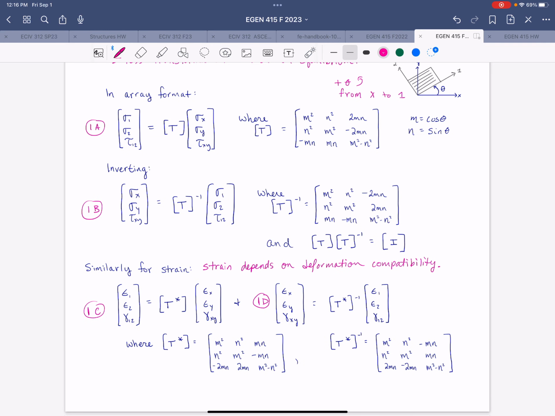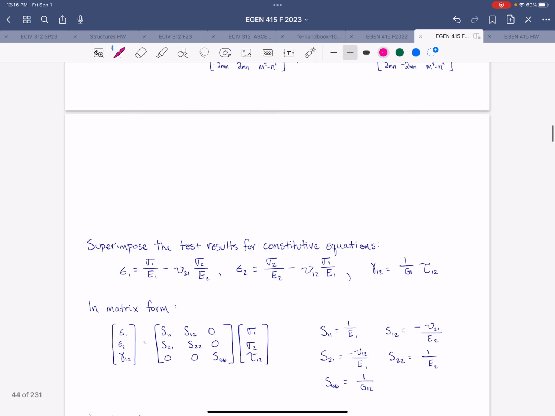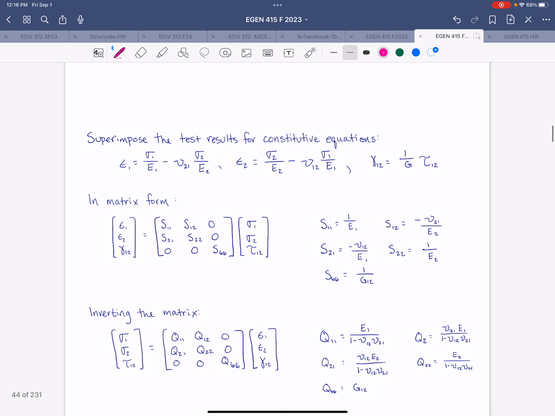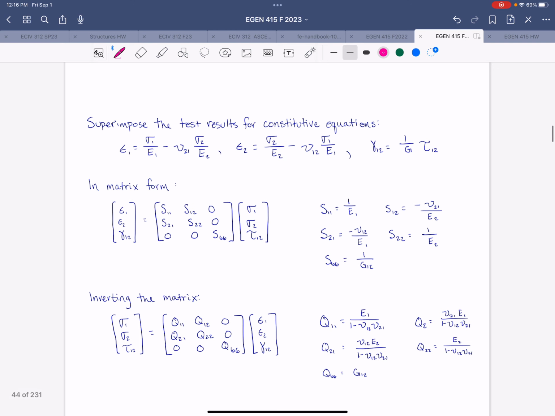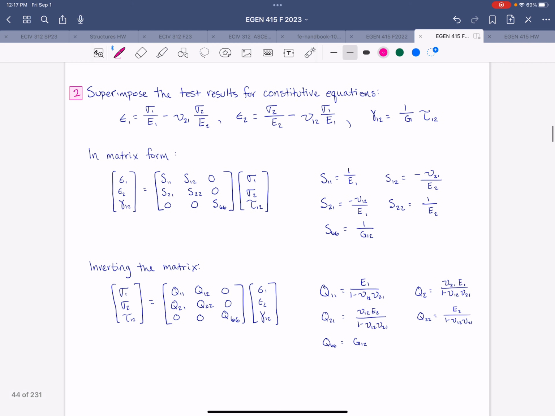All right, so then on the next page, this is where those tests that we looked at earlier come into play. If we superimpose the results of those tests, we get our constitutive equations, the relationships between stress and strain in the principal material directions. So we're going to call that phase 2, relating stress to strain.